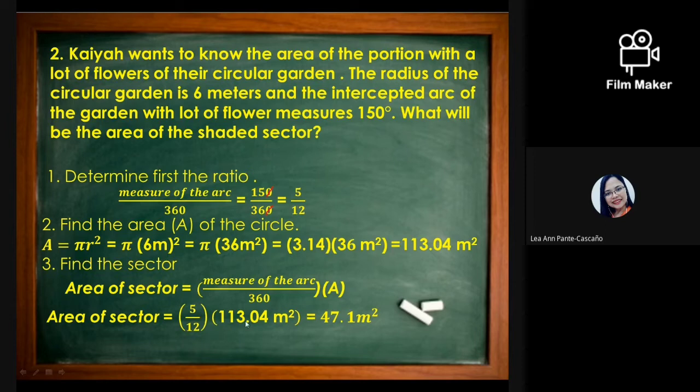So, pwede nating i-multiply muna siya sa 5, then divided by 12. Pwede naman divide mo muna rin siya sa 12 times 5. That is the same. Yun pa rin yung magiging sagot niya. So, 5 times 113.04 divided by 12 is 47.1 meter squared. That will be now the area of the shaded sector.